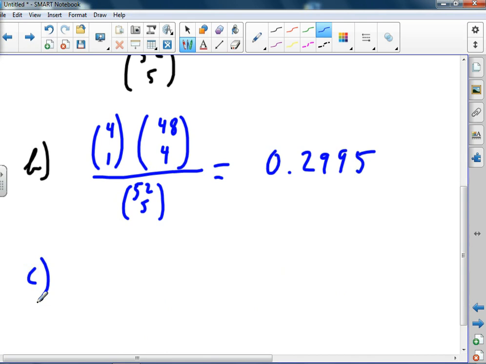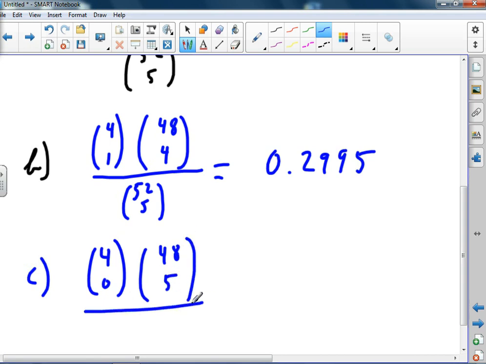No aces. So 4 things taken 0 at a time, 48 things taken 5 at a time, divided by 52 things taken 5 at a time. Now the chances of having no aces can't be 1 minus that number because this isn't the probability of 2 or 3 aces or 4 aces. Anyway, 4 things taken 0 at a time is going to be 1.